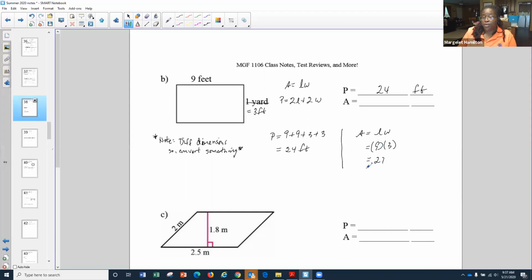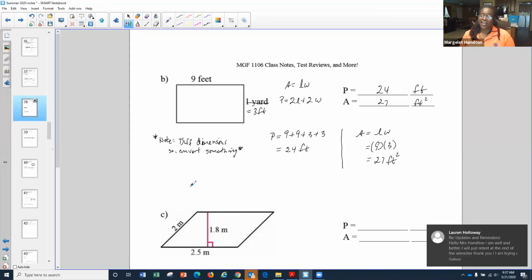But remember, area is always squared feet. So 27 feet squared. Is everybody all right? Okay. All right.